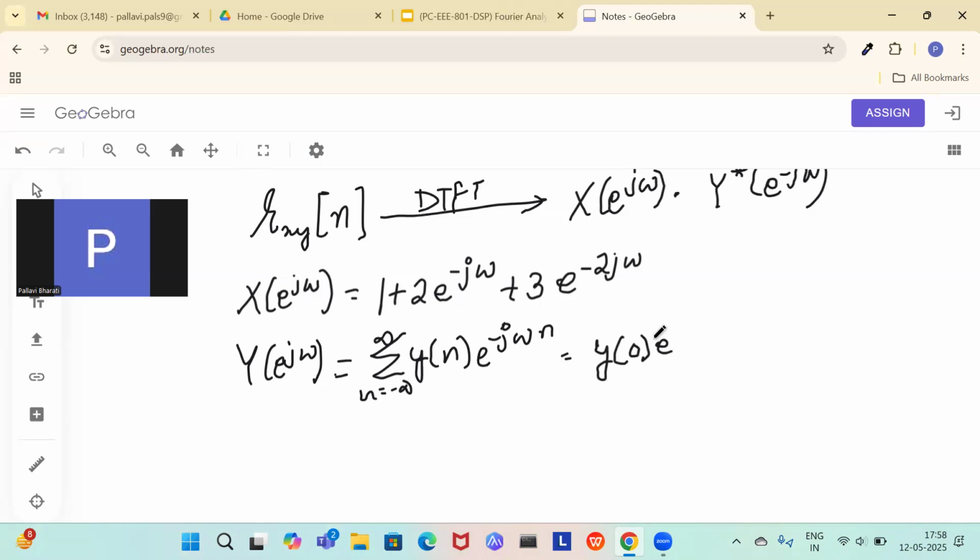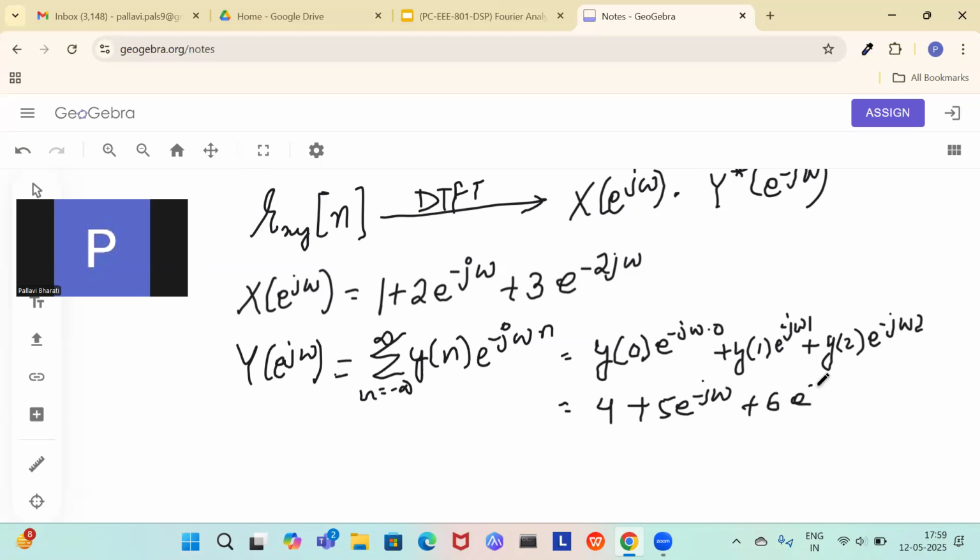So y0 e to the power minus j omega 0 plus y1 e to the power minus j omega 1 plus y2 e to the power minus j omega 2. The value of y0 was 4, and this will become 1. The value of y1 was 5, with e to the power minus j omega. The value of y2 was 6, with e to the power of minus 2 j omega.